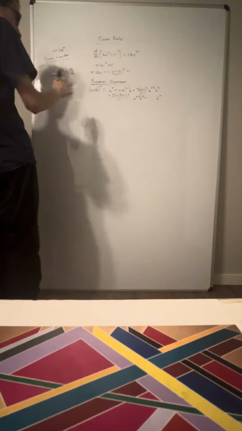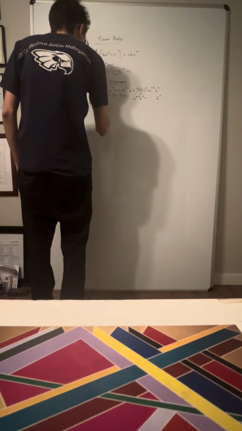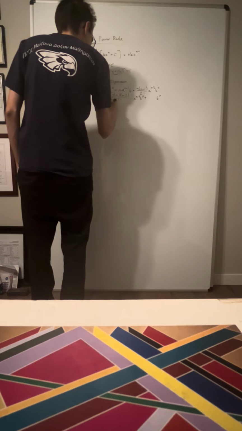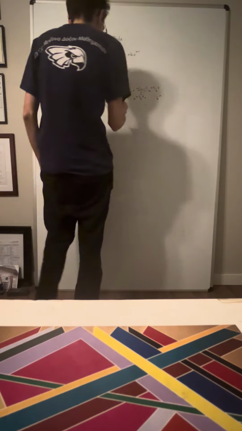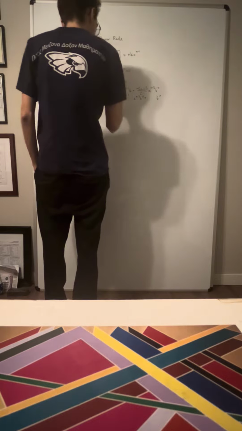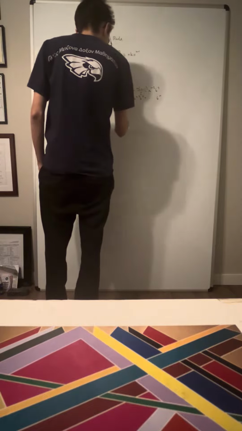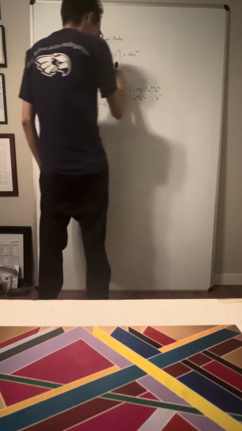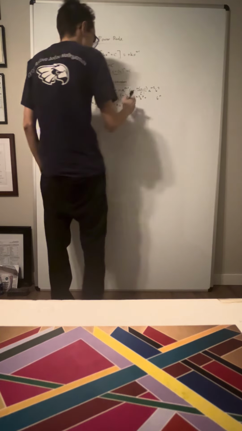So this is what we're going to expand this out with here. So we have y plus change in y equals k times what we're going to make this whole piece out to be. So we're going to have a is our x here, so we're going to have x to the n plus n times x to the n minus 1, and then our b, if you can see up here, is our delta x.